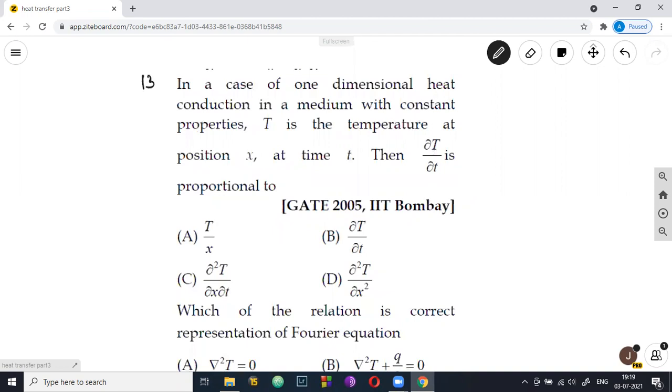So this is your question number 30, and this is your question number 40. Okay, two theory questions.